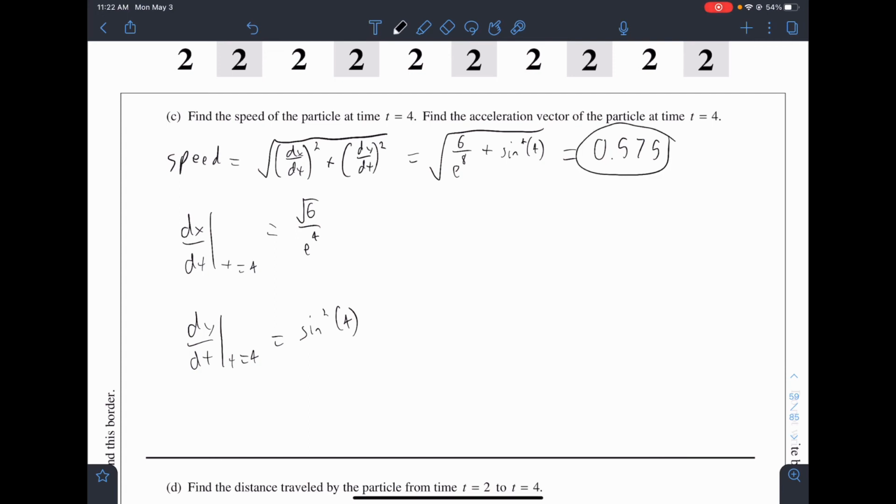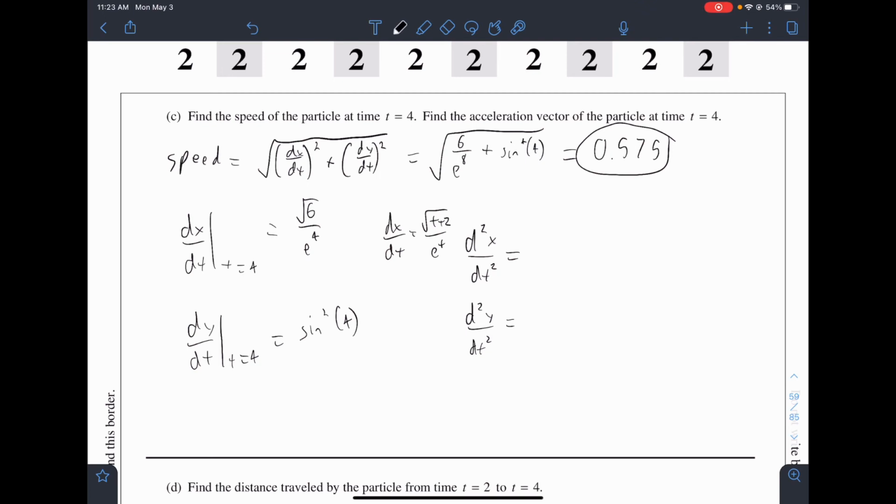So then we have to find the acceleration vector. So now we have to find d squared x over dt squared, and then d squared y over dt squared. So first let's do x. We know that dx/dt is equal to root t plus 2 over e to the t.